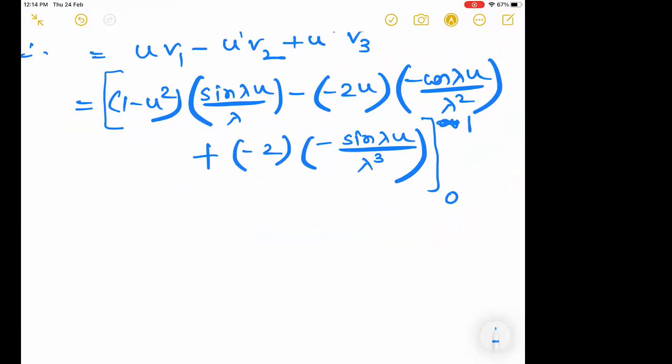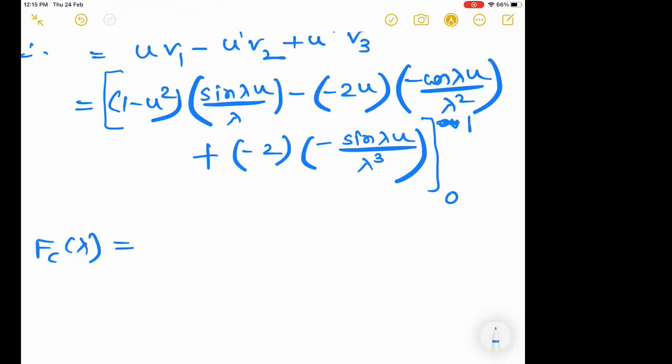Can you tell me the answer by putting upper limit 1 and lower limit 0? Left hand side is Fc lambda is equal to, if I put 1, the first term vanishes because 1 minus 1 is 0. Then 2 into cos lambda upon lambda square. And the third term is minus 2 into sine lambda upon lambda cube.